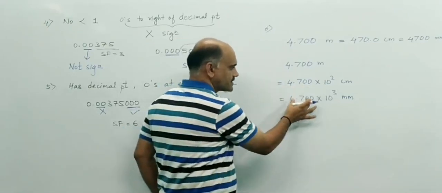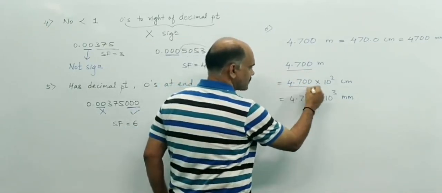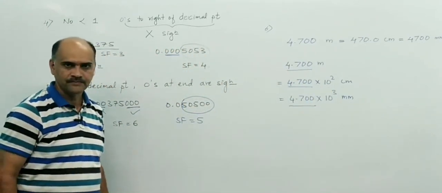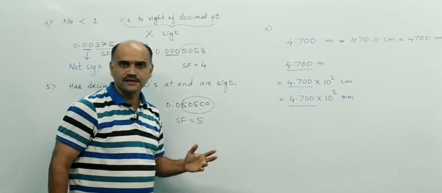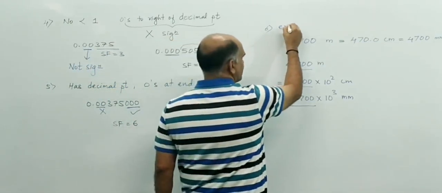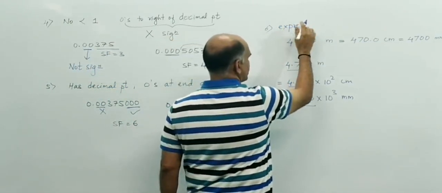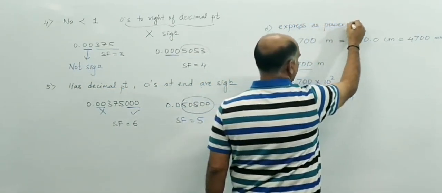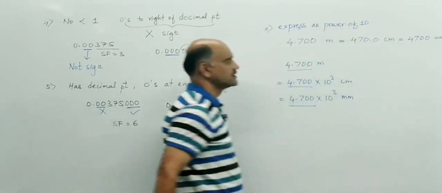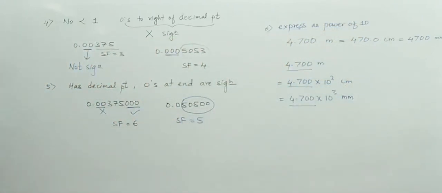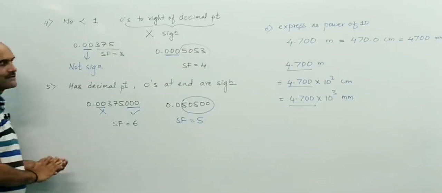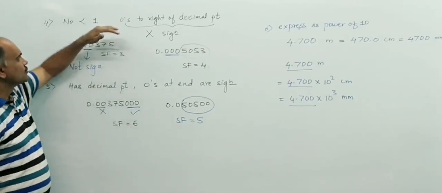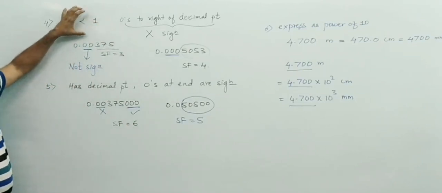You are required to consider just this part. So the number of significant figures is the same in all 3. So the sixth rule states that you should express it as a power of 10, where that power of 10 is irrelevant in determining the significant figures.